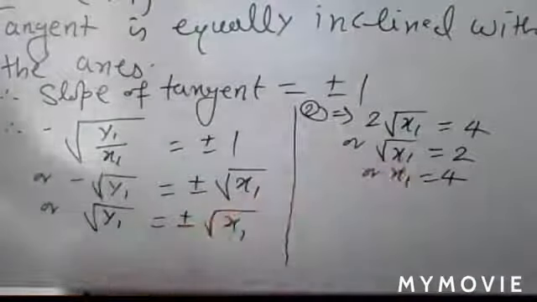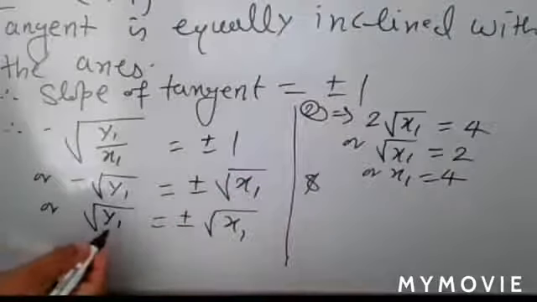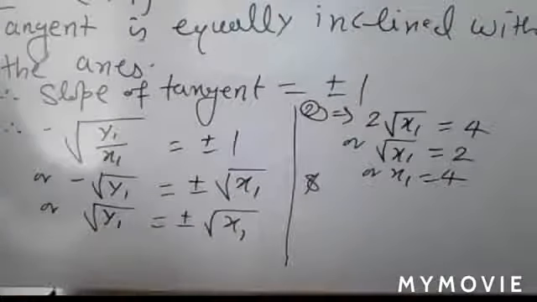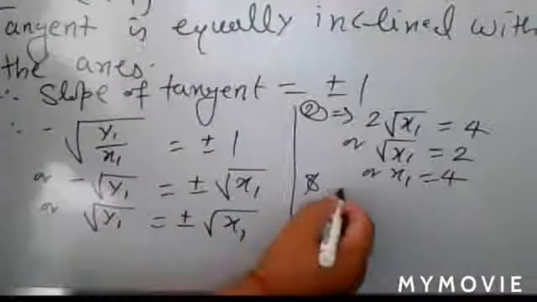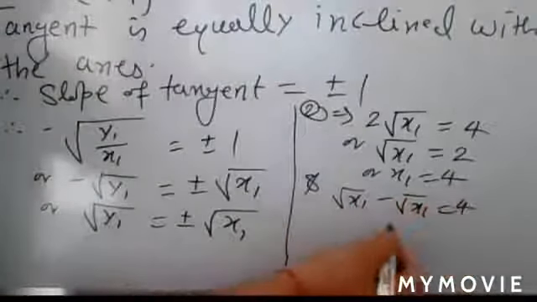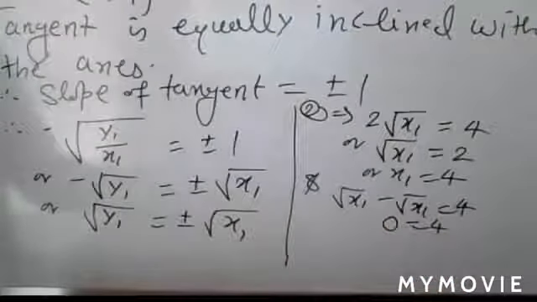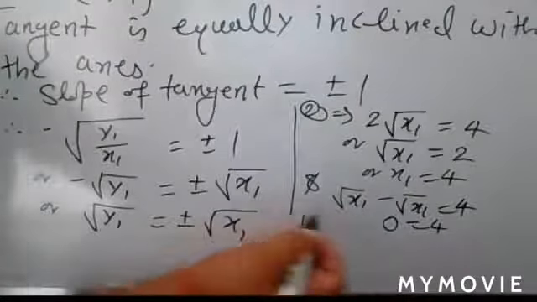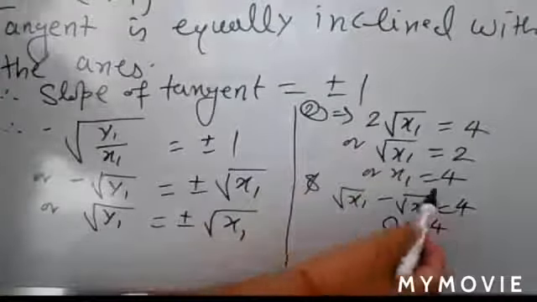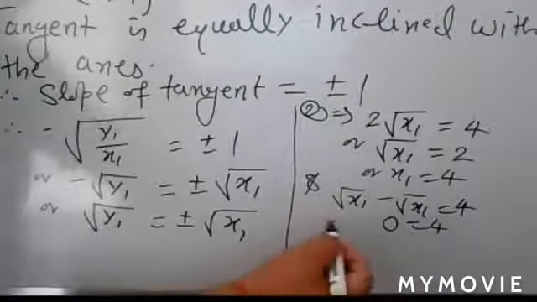So here you take the first case, and if you are taking the second case, under root y1 is equal to minus times of under root x1, and you put it in the first equation, so what you have, root x1 minus root x1 is equal to 4. So here you have 0 is equal to 4. That means impossible. This result is impossible. So only you have your required point 4, 4. So x1 is equal to 4 and y1 is equal to 4 is your required point.